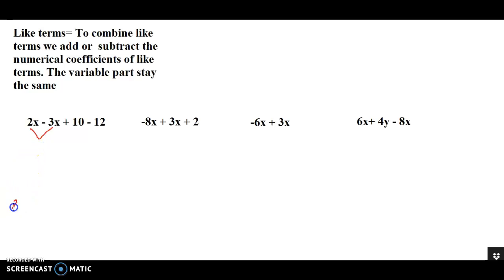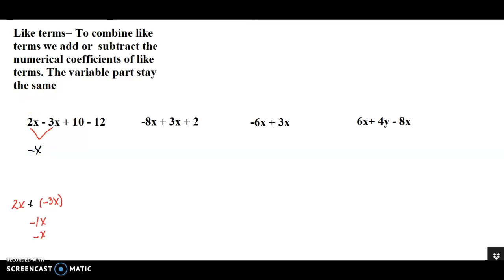So 2x plus a negative 3x. So when I take 2x plus a negative 3x, you should have come up with a negative 1x or just negative x. So we're coming up with a negative x.